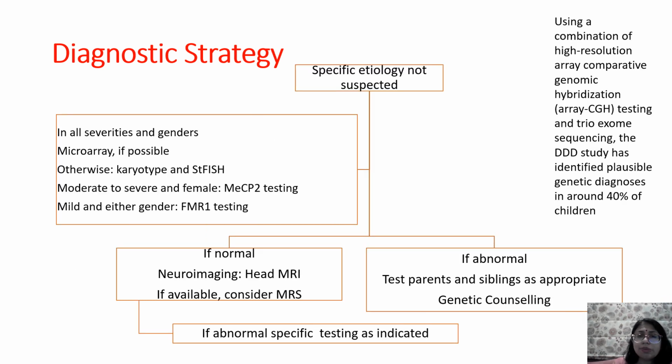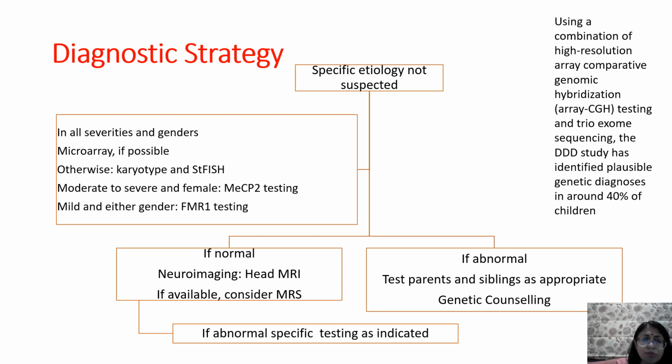Suppose we do not suspect a specific etiology even after the initial basic history and examination, then in all severities and genders, genetic testing gives us the maximum yield. So the preferable modality is microarray, array CGH. Otherwise, if it is not possible to do that, at least a karyotype and a subtelomeric FISH need to be done.